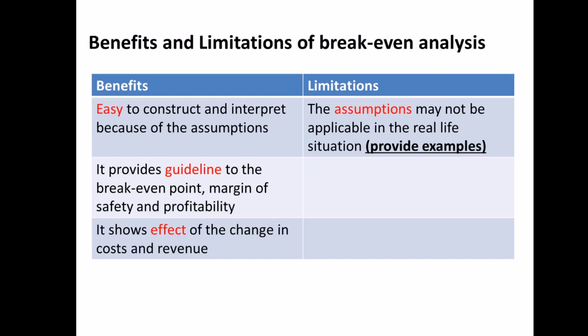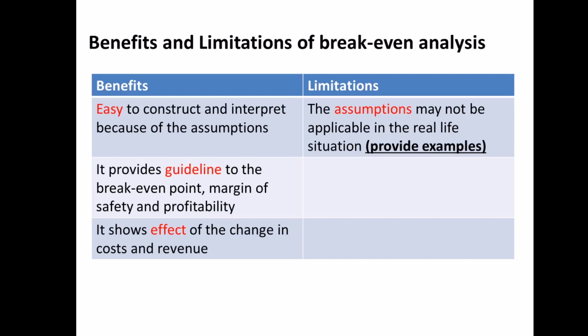That's why it becomes the limitation of this break-even analysis. And the examples I just told you, all the examples for each assumption, use them in your answer. So that's the benefits and limitations. Simple concept.